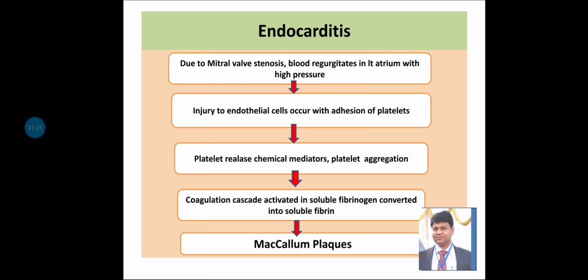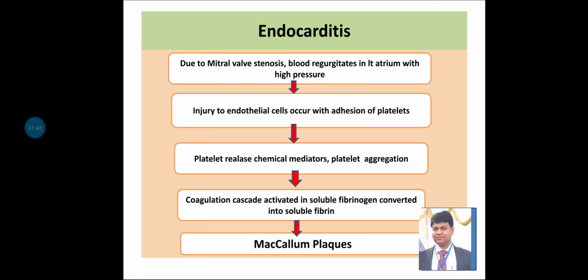Now coming to the endocarditis, due to the mitral valve stenosis, blood regurgitates into the left ventricle with high pressure. That leads to injury to the endothelial cells, resulting in adhesion of platelets. So platelets release chemical mediators.